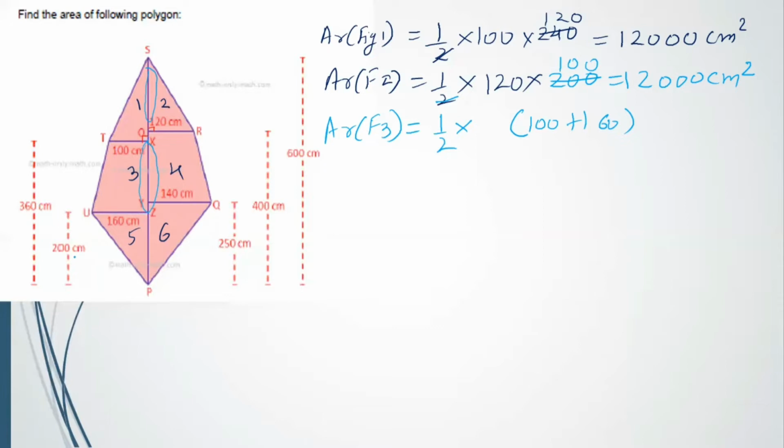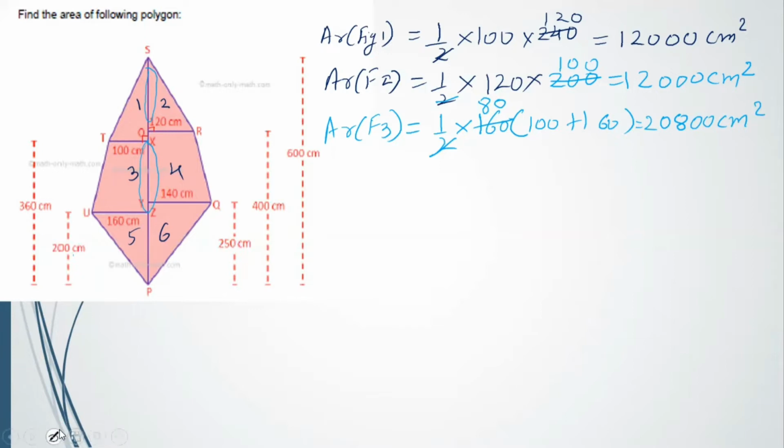So 360 minus 200, I get 160. So the height of this trapezium is 160. Let us simplify: when I divide 160 by 2, I get 80, and 260 into 80, I get 20,800 centimeters square. This is the area of figure 3.